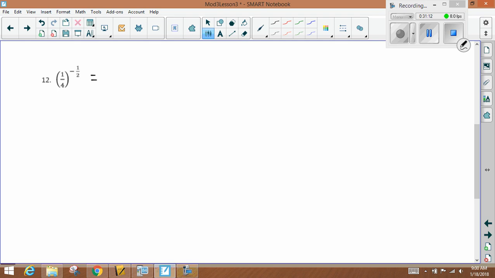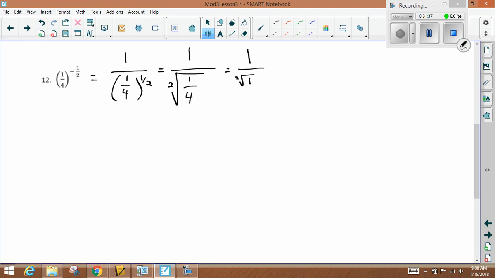Yay, I think this is our last one. 1 divided by 1/4 to the 1/2 power turns out to be 1 divided by the square root of 1/4, which turns out to be 1 divided by the square root of 1 over the square root of 4, which is 1 divided by 1/2.